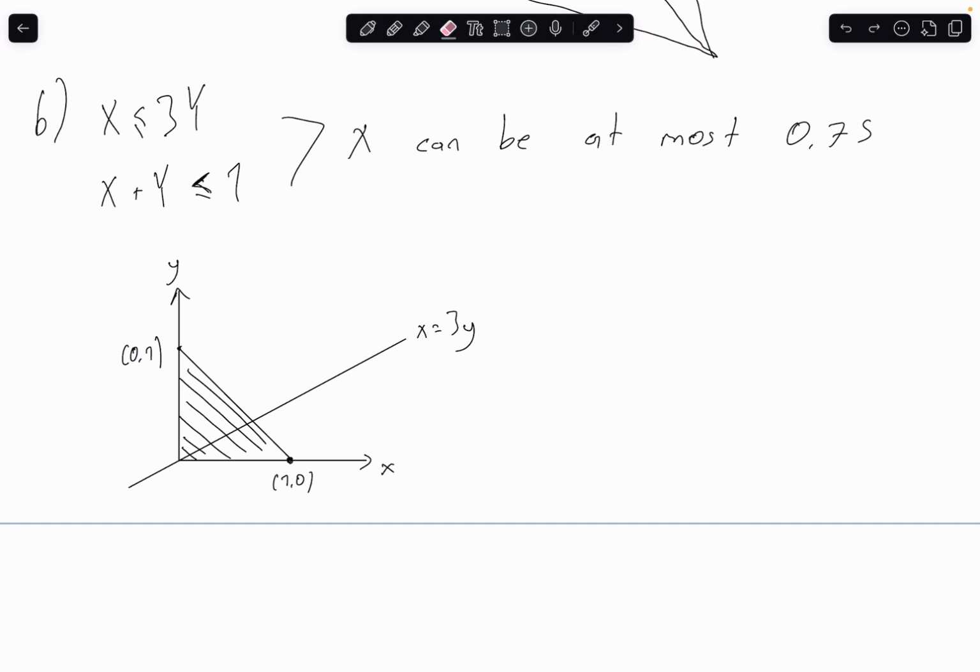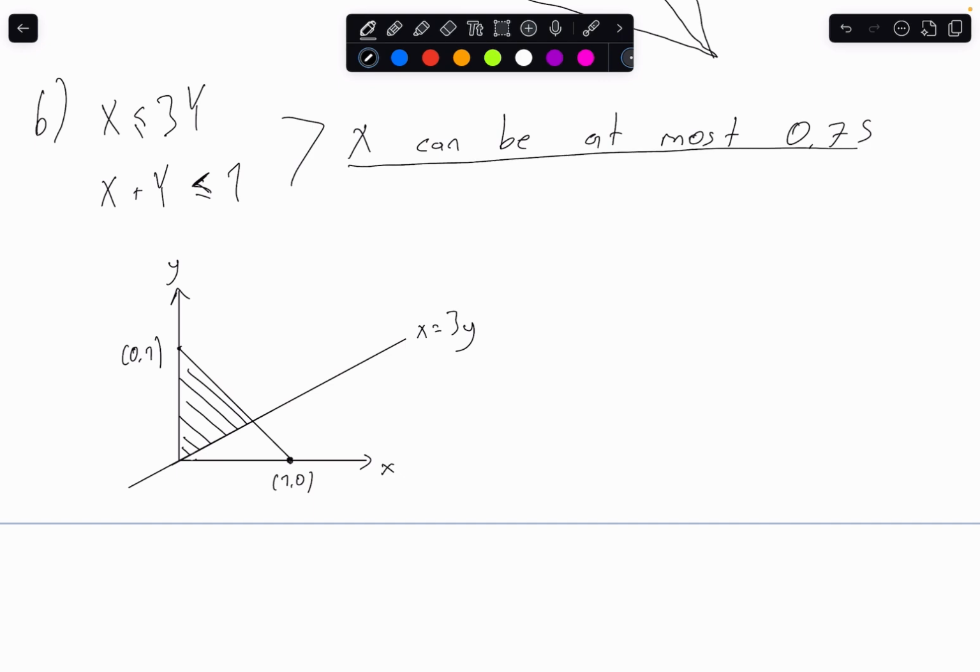Sorry. And now we are interested in the upper part, because we know that x can be at most 0.75. In this region, x can get values higher than 0.75, so that's why we need to consider this area.